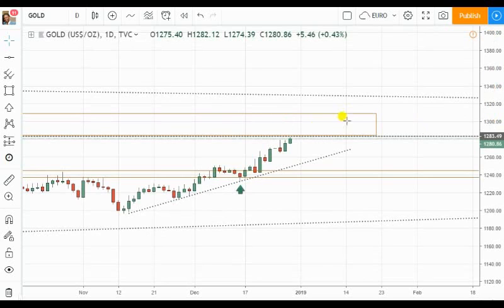So this is 1300, and this is in our sell zone, okay? And this is 1400, and this will actually confirm the entire movement. So if price does come to this 1300 area, it has to hold above this area, and it has to show us through convincing price action that it's actually holding above this area.